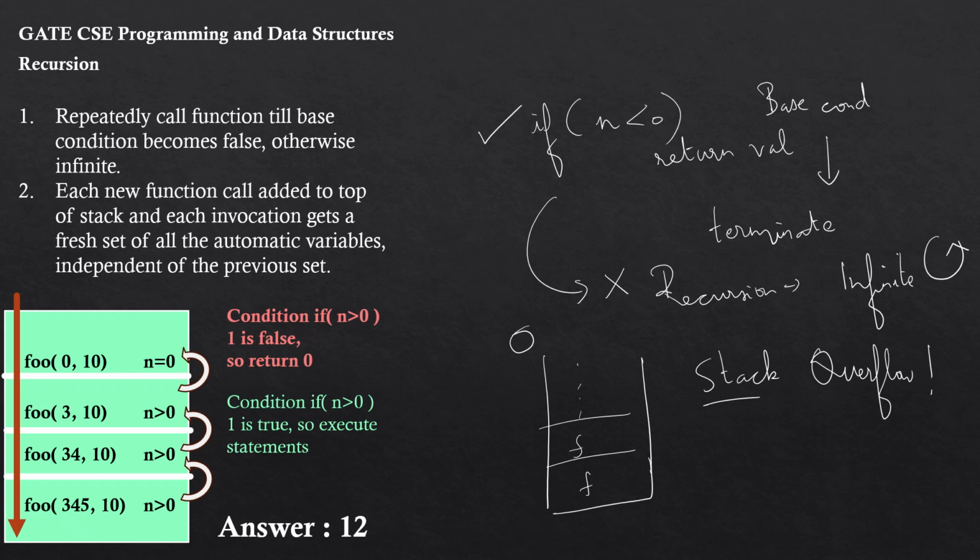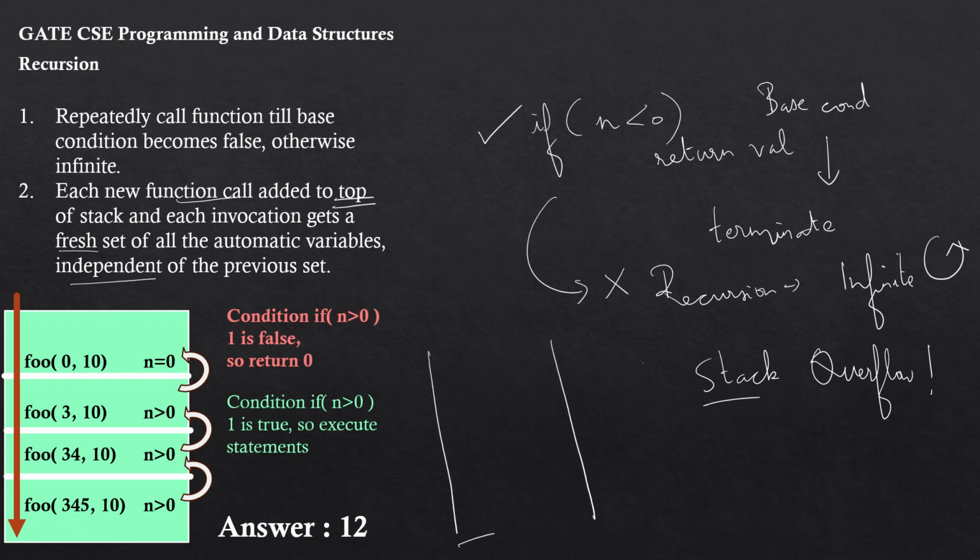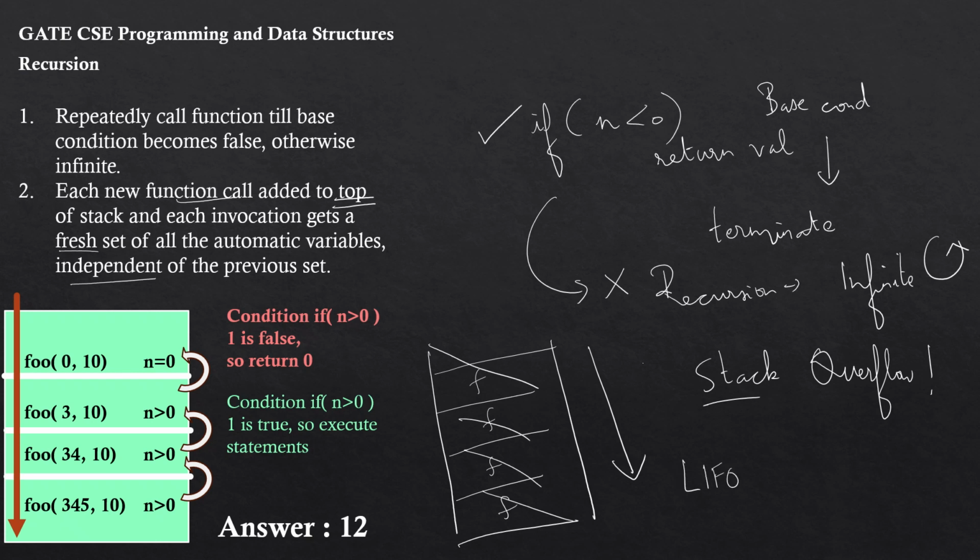Each new function call is added to the top of the stack, and each invocation gets a fresh set of variables independent of the previous set. Since this is a stack, every new call gets added to the top and is removed from the last call to the first. It follows the LIFO sequence, that is, last in, first out.